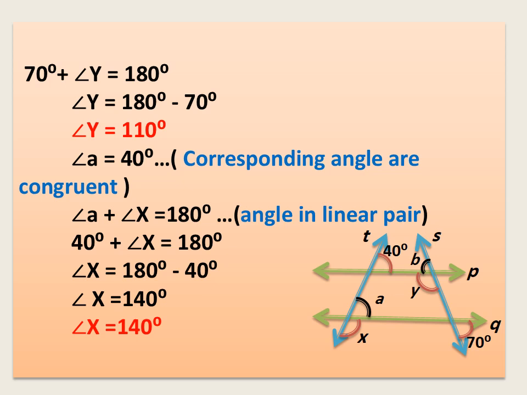Therefore, 40 degrees plus angle X is equal to 180 degrees. Therefore, angle X is equal to 180 degrees minus 40 degrees. Therefore, angle X is equal to 140 degrees. Therefore, measure of angle X is equal to 140 degrees.